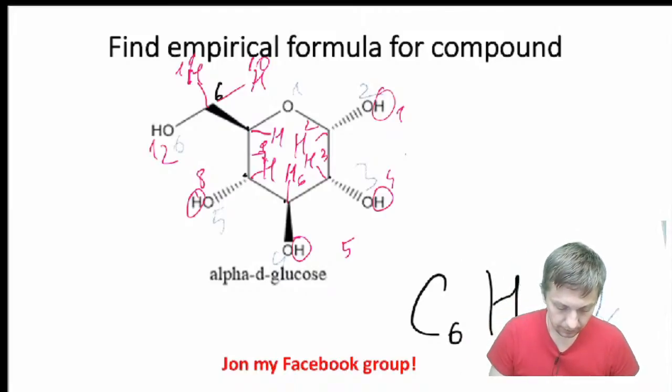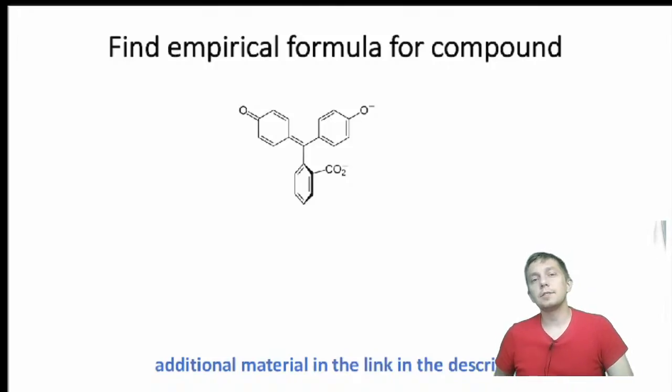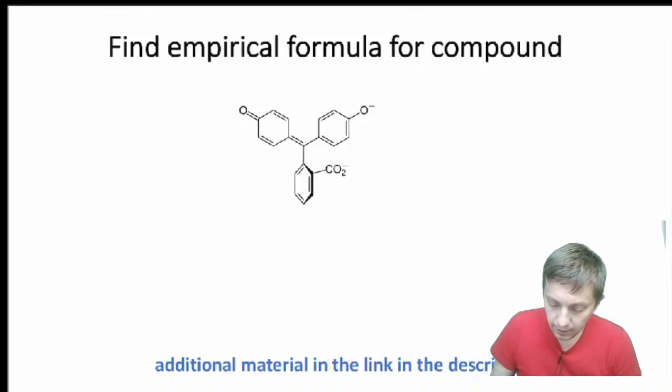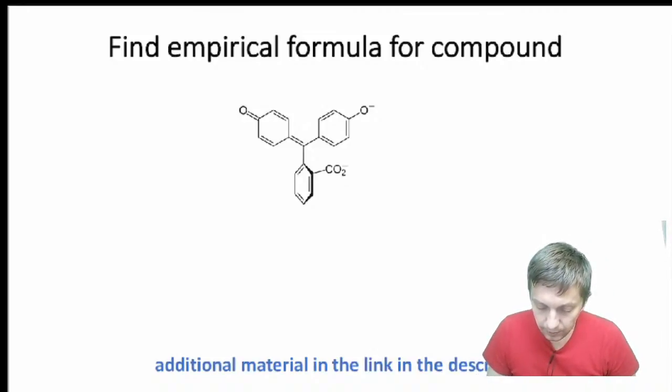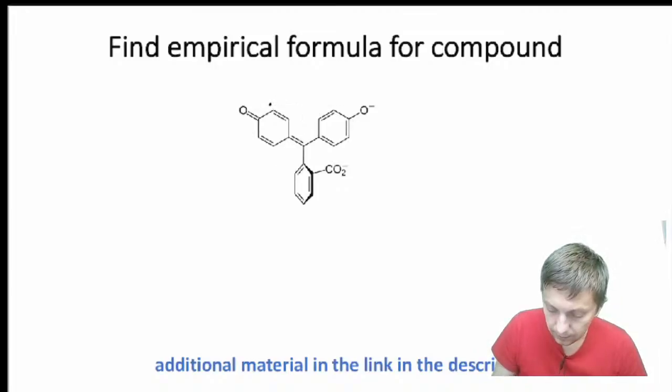And the last one, we're dealing with ions. It's one form of phenolphthalein, an acid-base indicator. At first, here, here, and here we have 6 carbons each, and in the central one it's 6 times 3 plus 1.